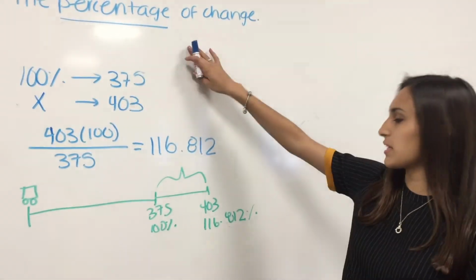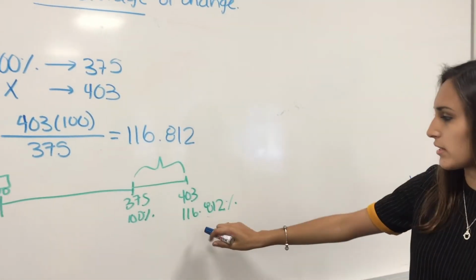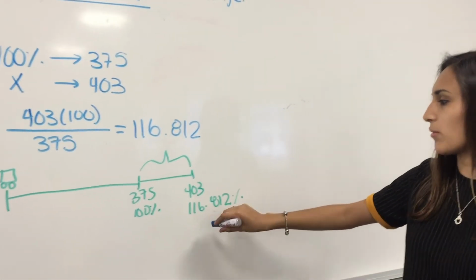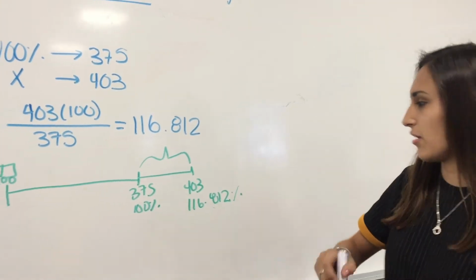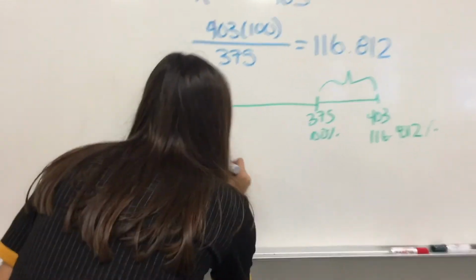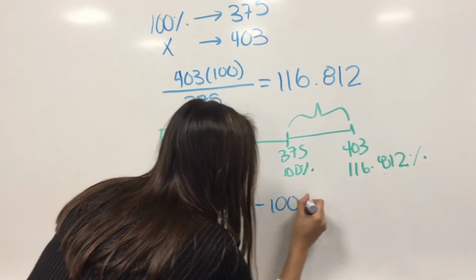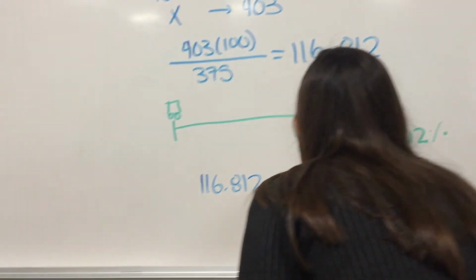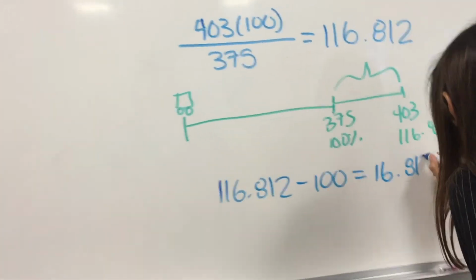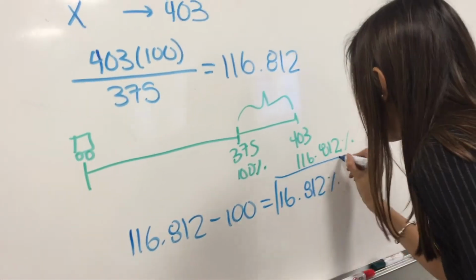So to get your percentage of change, you have to subtract 116.812% minus 100. And this will give you 18.812%. And this will be your final answer.